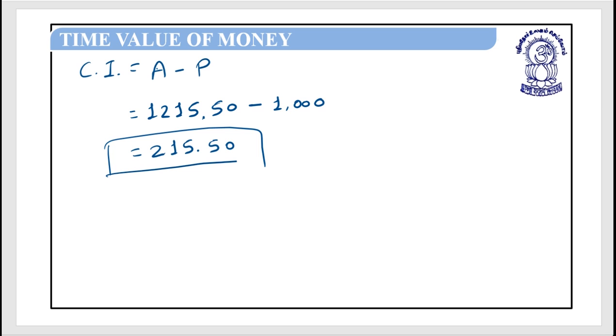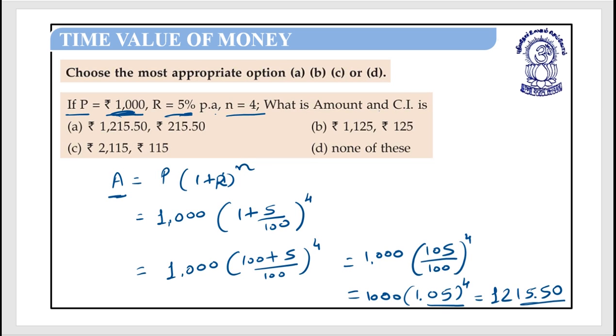Compound interest is 215.50. So the answer is A, rupees, amount is 1215.50 and compound interest is rupees 215.50.